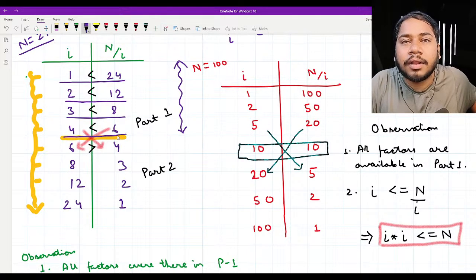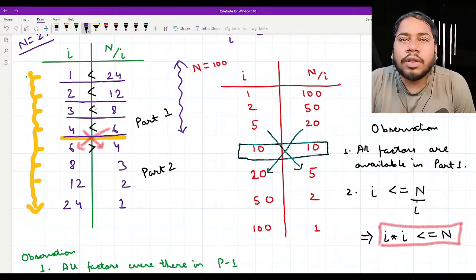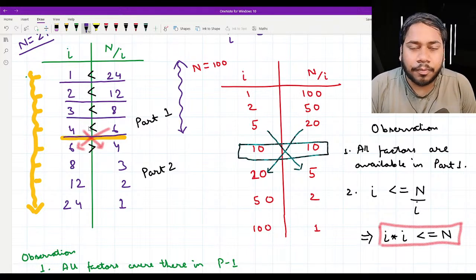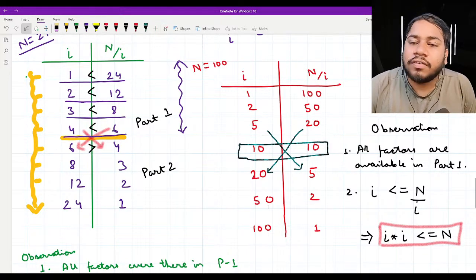Right? Understood? So that's why we are incrementing the count by 2 again and again. Okay. This is the case.